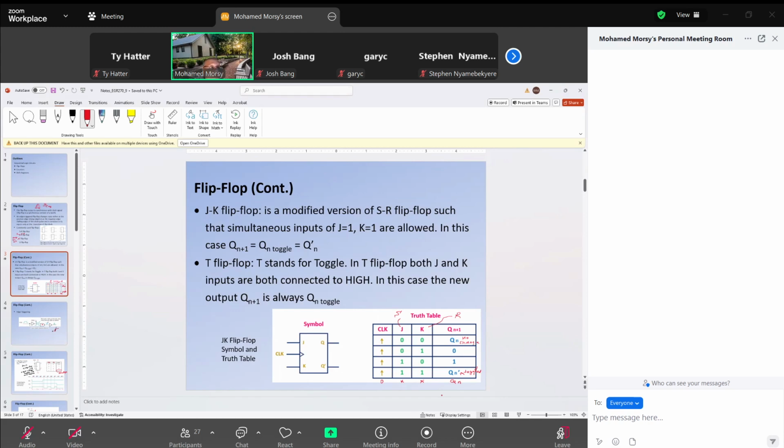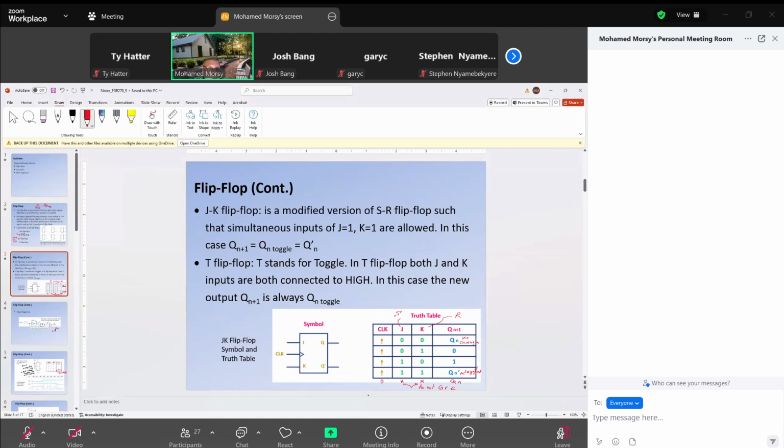So J and the K, what does this symbol mean? What does the X symbol mean? Doesn't matter. Don't care. Perfect. I suppose everyone knows this.